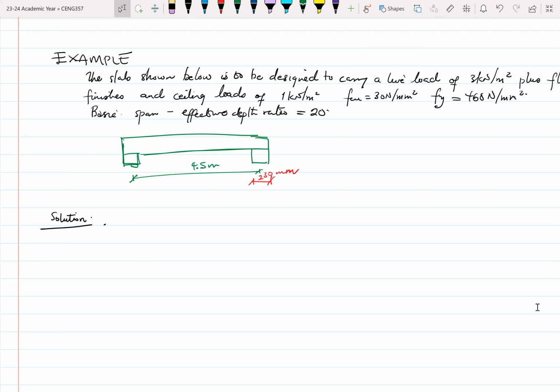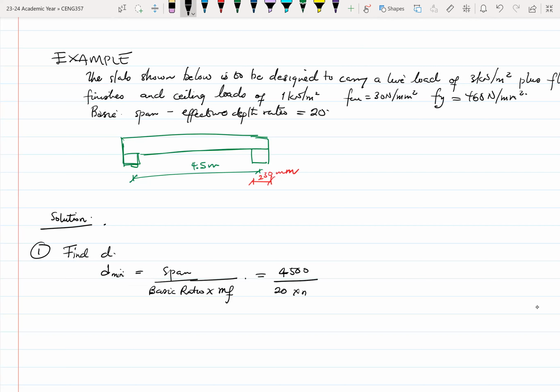D minimum is equal to the span over the basic ratio times the modification factors. That much we know. Our span is 4,500, and our basic ratio is 20.